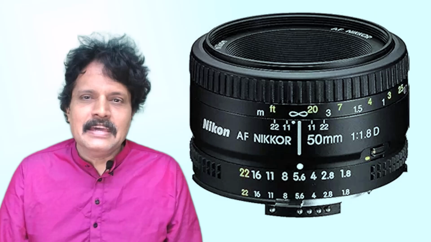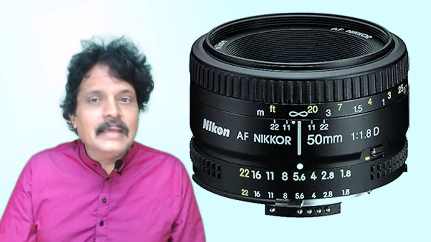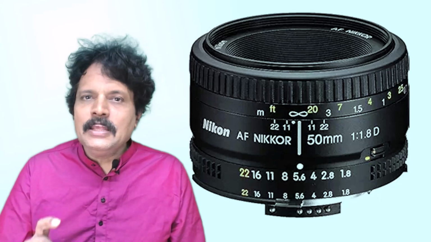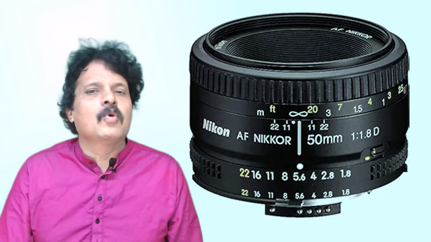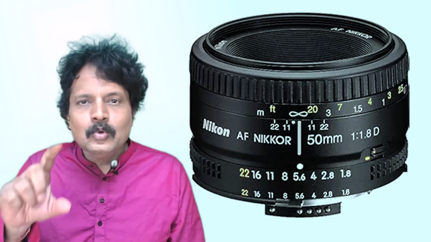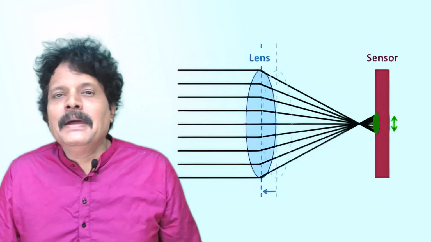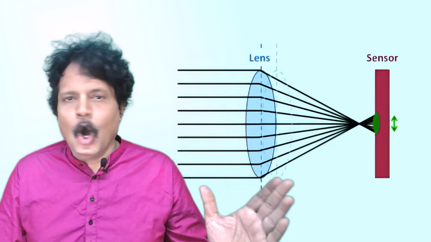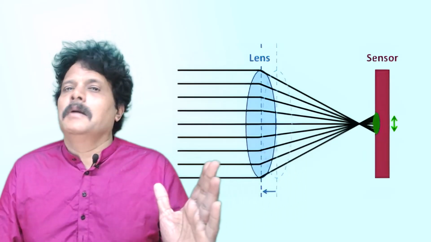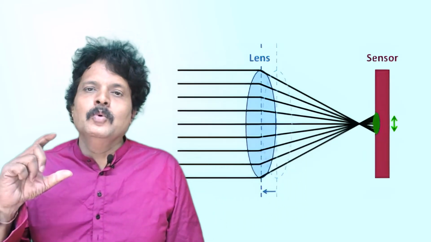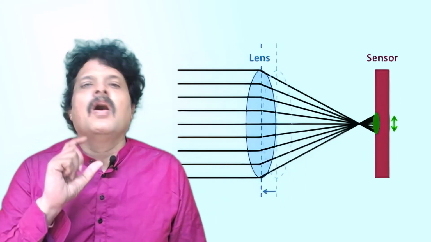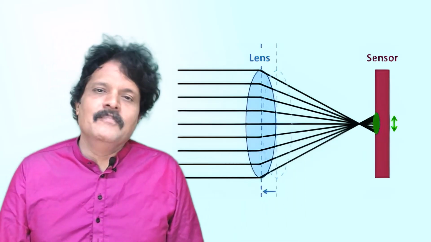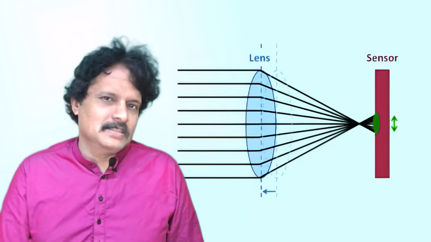So in this case, when the object comes within 30 meters, we need a device to actually adjust our lens focal length. We have to slightly move the lens forward depending upon the distance between the camera and the object. As the object comes closer, we have to move the lens more forward. And this adjustment is what we call focusing.